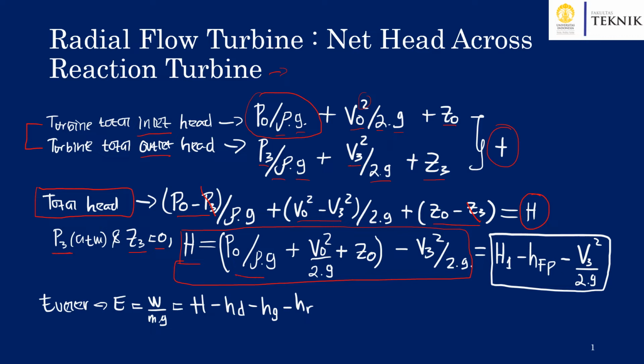or to further simplify these equations, we can write it down as H1 minus HFP, where HFP is the frictional head drop due to the interactions between the fluids and the pipeline, for example, and H1 is the available head, so to say.